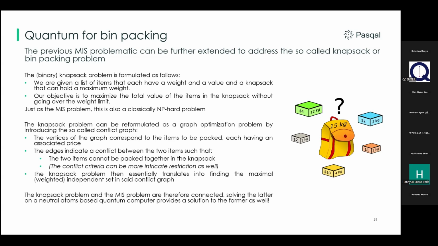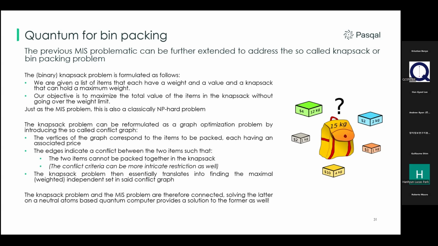With this graph representation, with this conflict graph or constraint graph representation, selecting the optimal solution, so selecting the optimal placement of the objects, boils down to selecting a maximum weighted independent set of this constraint graph.